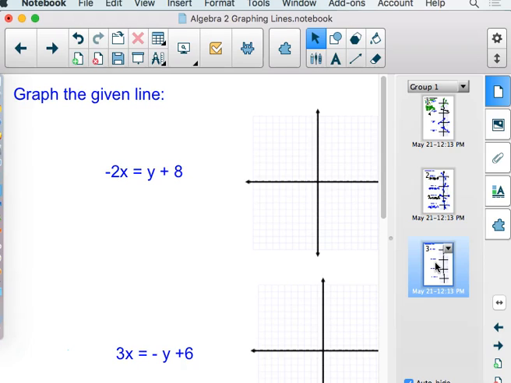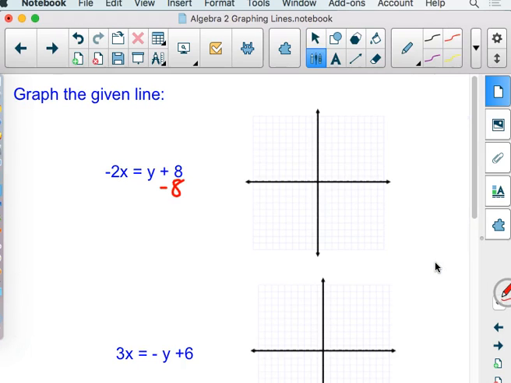Do you prefer y equals mx plus b? How many people, if given the choice, would move the 8 over and do y equals mx plus b? Raise your hand. Well, by golly, let's do it that way. Move it over. So where do we go to graph that?